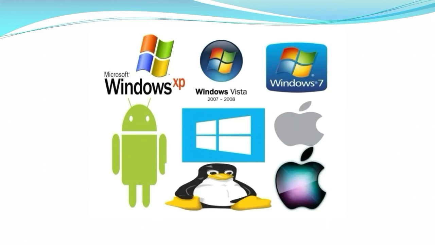System software. System software refers to the set of programs that helps to run a computer's hardware. Thus, to make the hardware work, we need to have system software in the computer. The operating system is the most important part of system software.